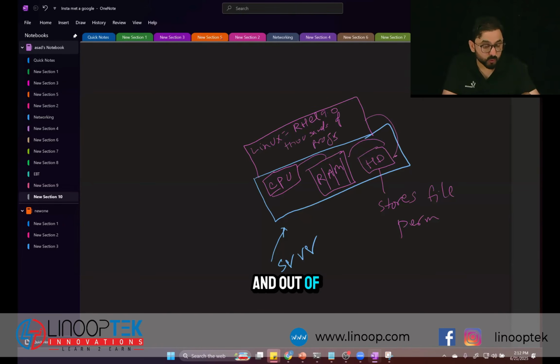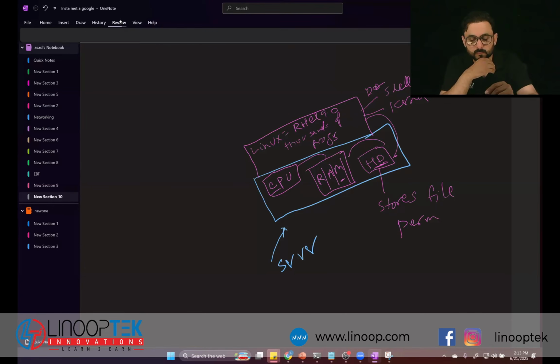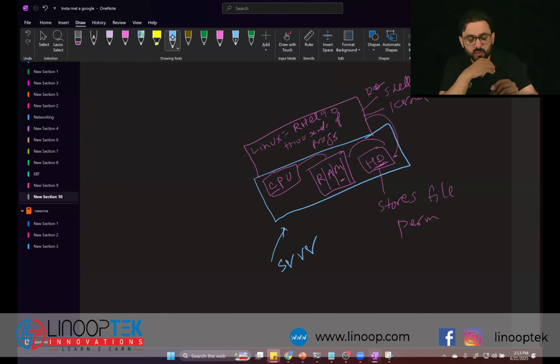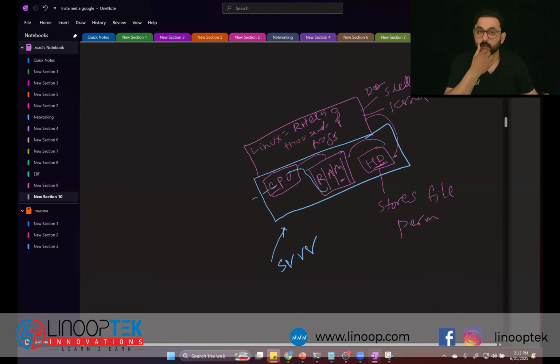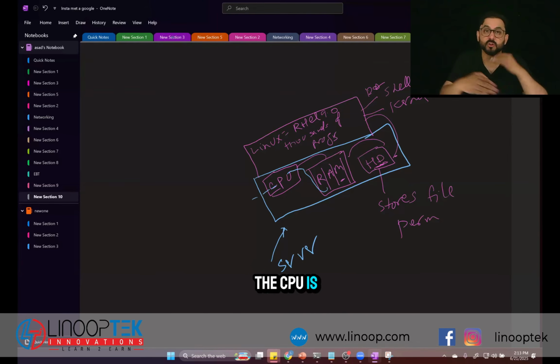And out of those thousands of programs, there's also a program called shell, bash shell. And there's another part which is called kernel. So where are the kernel and shell sitting on your server? They are sitting on the hard drive. But when the server is up and running, they are sitting on the RAM. And then their programs get transferred into the CPU. And that's how they run. All the time, the CPU is running them.